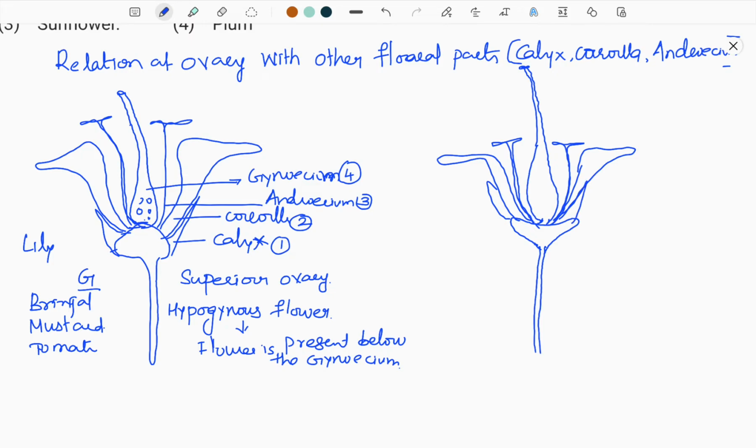So here, if you observe very carefully, this is calyx, CAL, this is corolla, COR, this is androecium, AND, and this is gynoecium, GYN. So gynoecium, androecium, corolla, calyx are almost in the same position.